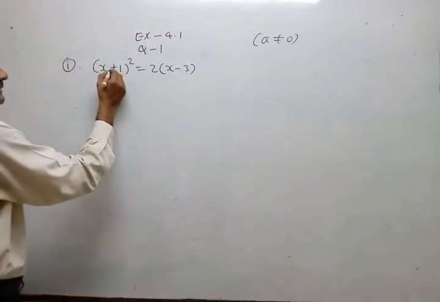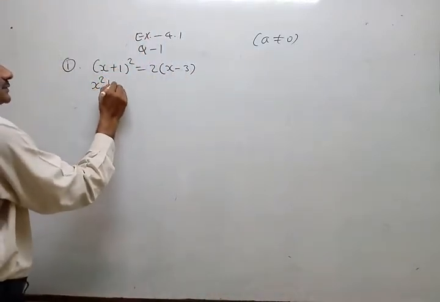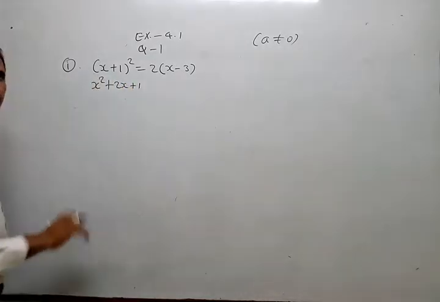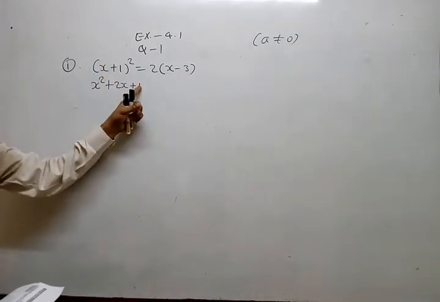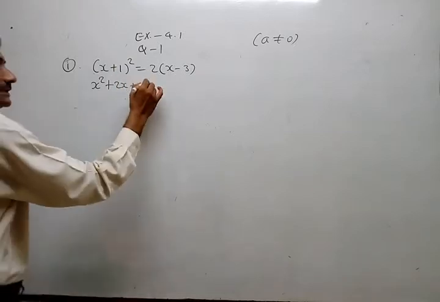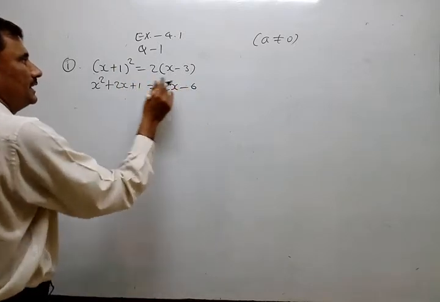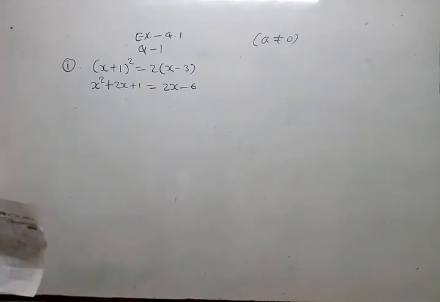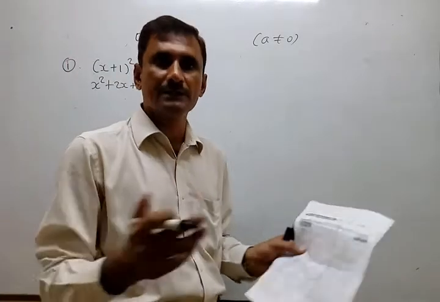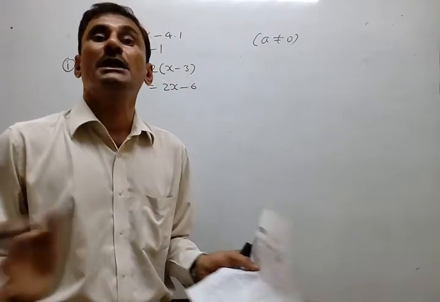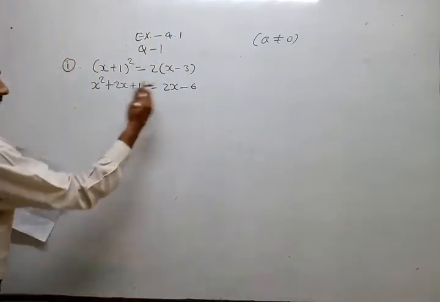So first of all I expand this one, so it will be x square plus 2x plus 1. You understand why? (a plus b) whole square is a square plus 2ab plus b square. Now open this bracket also, 2x minus 6. So I just open both sides bracket. So your always first work is to expand. Expand means to open bracket, to multiply. Okay?